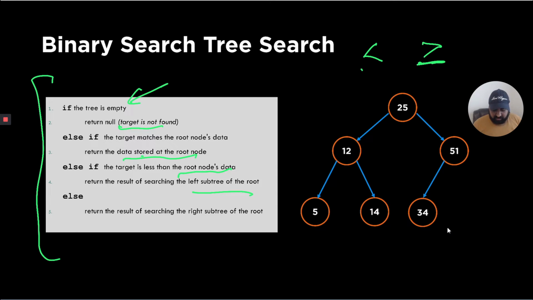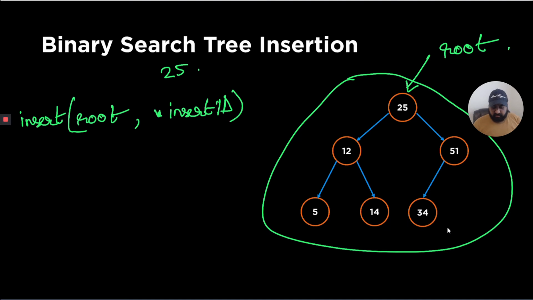Now coming back to the question of insertion. So let's say I wanted to insert another value, which is 26. I'm going to start with the root. I'm going to compare the value to be inserted, this time 26. Since 26 is greater than 25, I'll go towards the right-hand side.